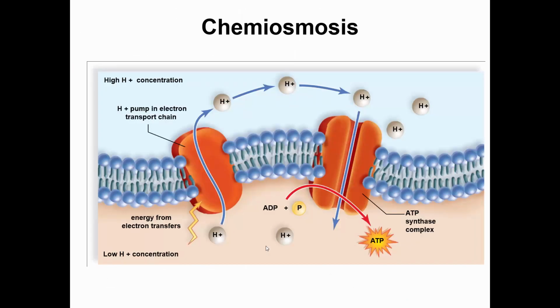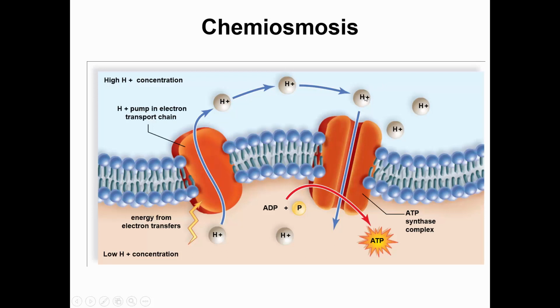Here, in the last slide of our lecture, we see the process of chemiosmosis illustrated. So here, we have our low hydrogen ion concentration, and we're pumping. This is one of the carriers of the electron transport chain. As the energy is removed from electrons, we use that energy to pump the hydrogen ions over here to this high hydrogen ion concentration environment.